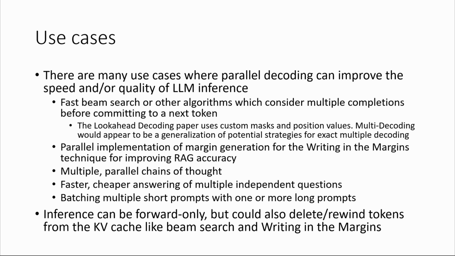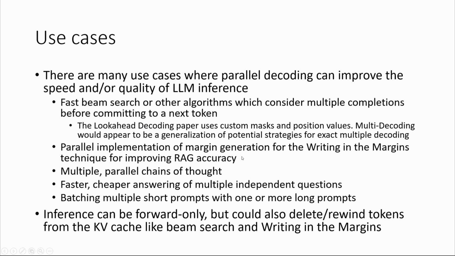They don't do it just one at a time. But I'm guessing the authors failed to see that there is a much more general pattern than just this look ahead decoding, that you can do any kind of multi-decoding and far more flexibly than just this very specific pattern.